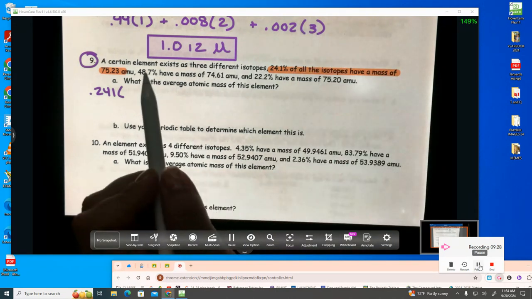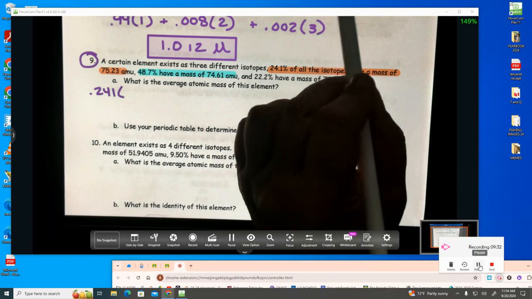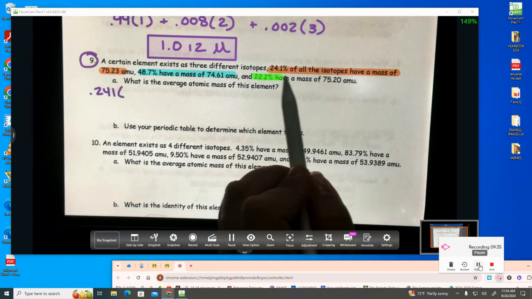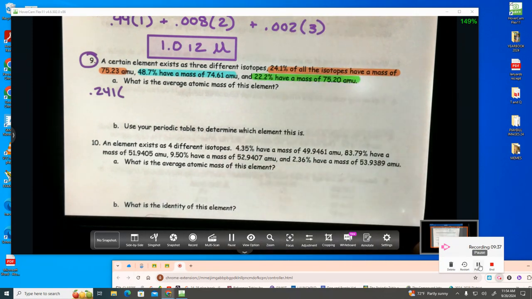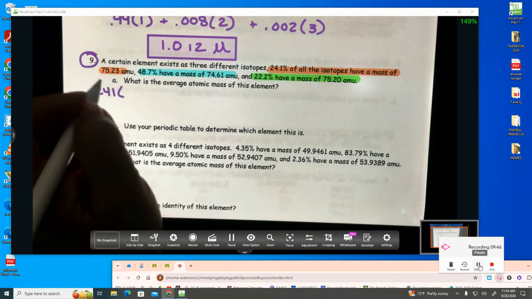Do it in one color. 48.7 have a mass of 74.61 in another color. And then I'll do 22.1 of this 75.2. So now, visually, I can see what two numbers go together. And I don't have to be reading it every single time as carefully.